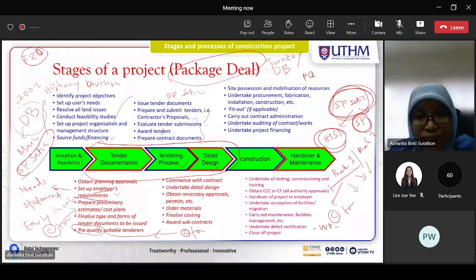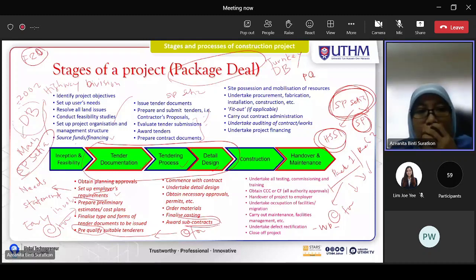Right, and then detail design. Commence with contract, undertake detail design, obtain necessary approval, order material, finalize costing and award subcontracts. Sorry, this one pre-qualify, PQ, they will select subcontractors once they detail out the design.